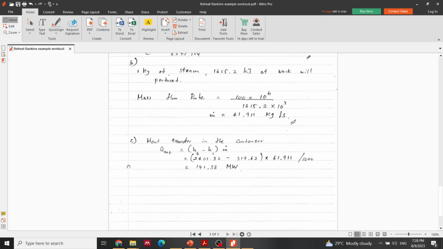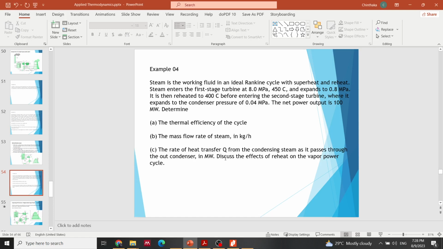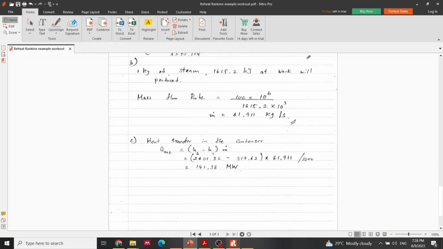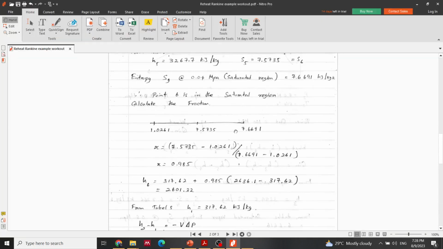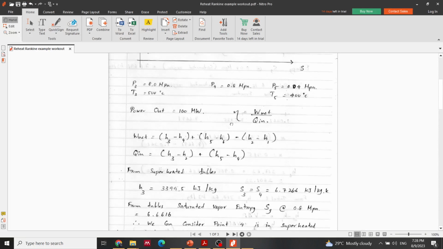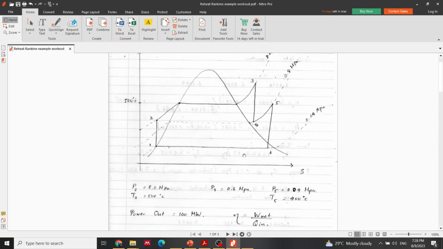Then part C is asking the rate of heat transfer Q from the condensing steam as it passes through the condenser, in megawatt, right? So Q out from the condenser. If we go back, the condenser goes from 6 to 1, right?